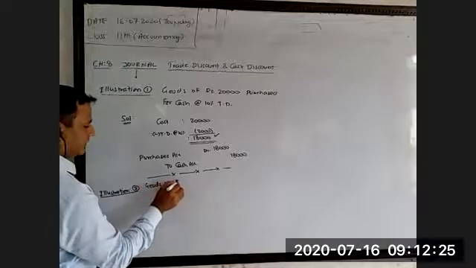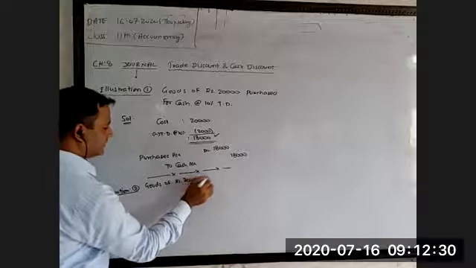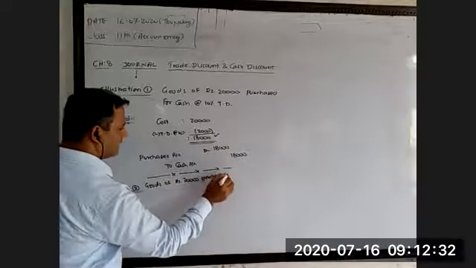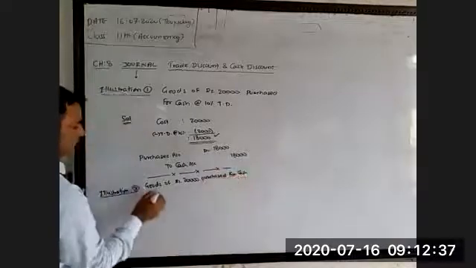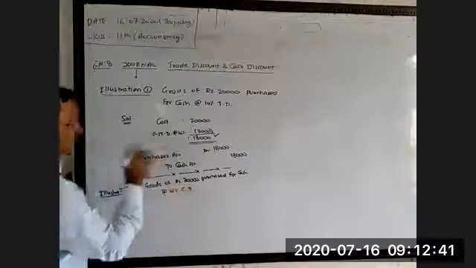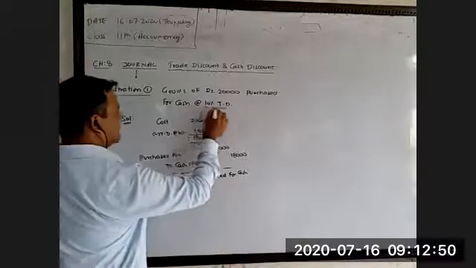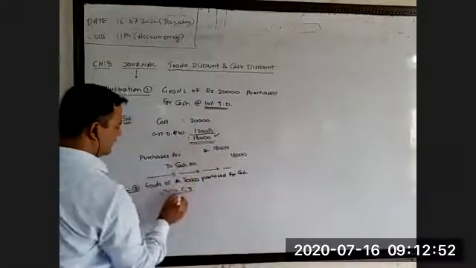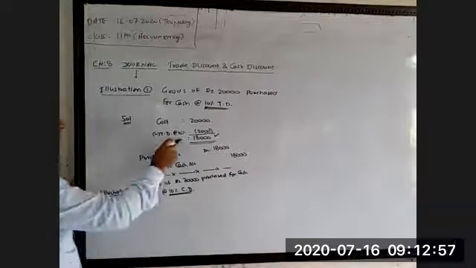Goods of rupees 20,000 purchased for cash at the rate of 10% cash discount. Got it? Earlier that was trade discount 10%. Here it is 10% cash discount.